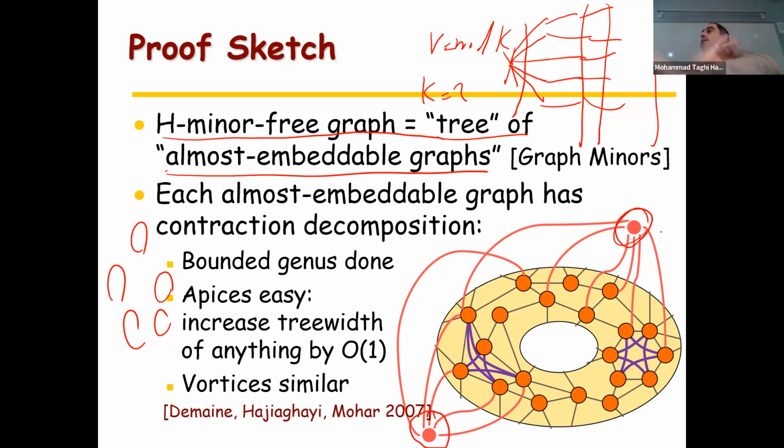These apices are free, but their number is bounded. There are also some areas which are non-planar, but they have bounded pathwidth, which essentially means bounded treewidth as well.